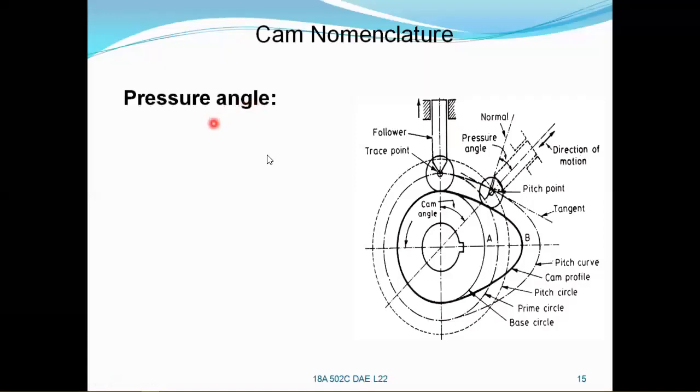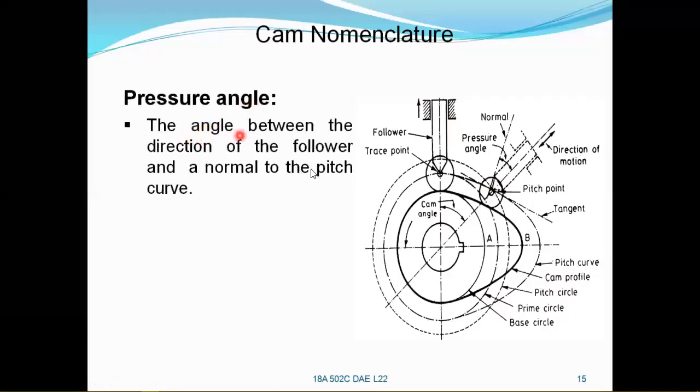Pressure angle: the angle between the direction of the follower and a normal to the pitch curve. If you see here, this is the pitch curve passing through the trace point, and this is the point at which this pressure angle is maximum.